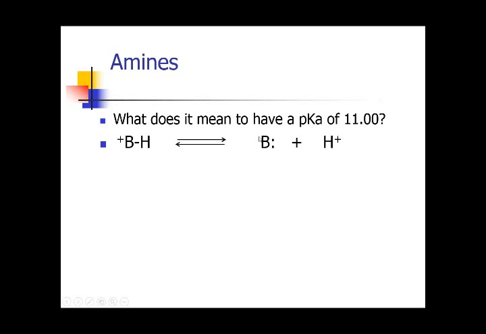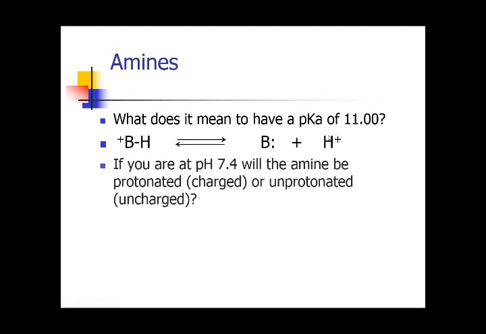Okay? And that's the important one. I don't care what the molecule is. Start off as a base or start off as an acid. I don't care. All I need to know is that at pH 11, it's 50-50. At pH 10, 9, 8, any number lower, there's more H plus this way. At any number higher than the pK value, the equilibrium is to the right.